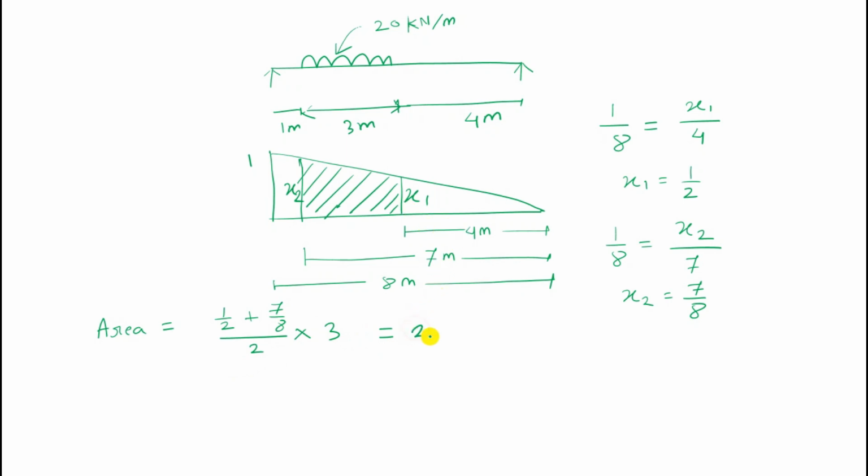So the value is 2.0625. Now the reaction RA will be 20 multiplied by 2.0625. So that is 41.25 kilonewton.